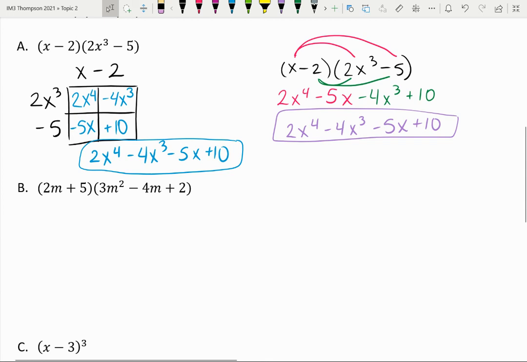If you'd rather use the box, then you just need to add another column or add another row. I usually write mine horizontally, but you could do it this way instead. I'm going to use distribution here, but if you want to use a box, you would set it up just like that. You'll have the same terms, they'll just be stacked instead of in a line.